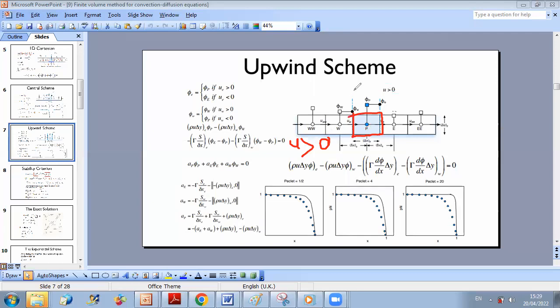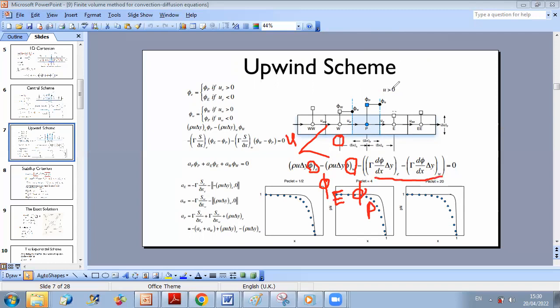So let us take, for example, the negative case. If u is negative, then I will replace phi east by phi at point E, and I will replace phi west by phi at point P. For the diffusion term, the method is the same.